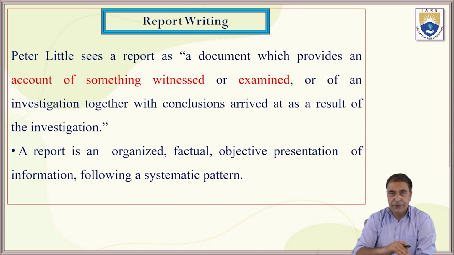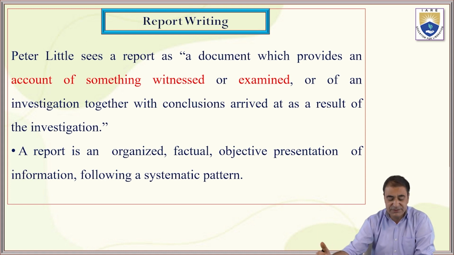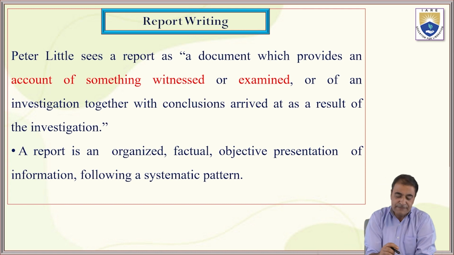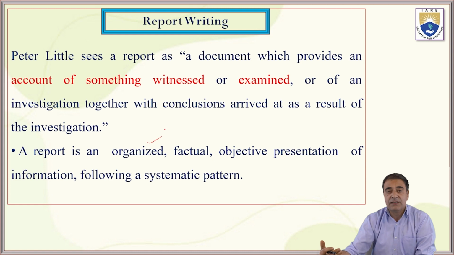And therefore, from these definitions, we come to know that a report is an organized, factual, objective presentation of information following a systematic pattern. That is, the first thing is it's organized. That means it's well ordered, it's well structured.